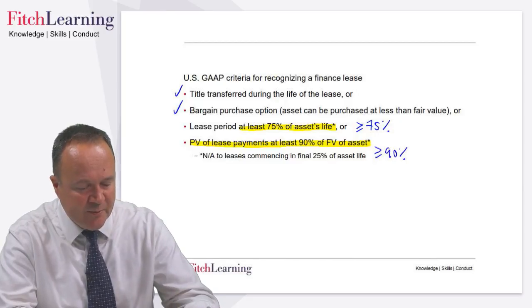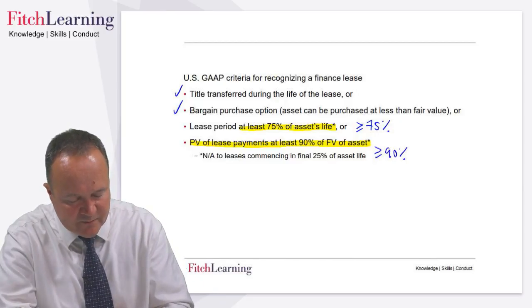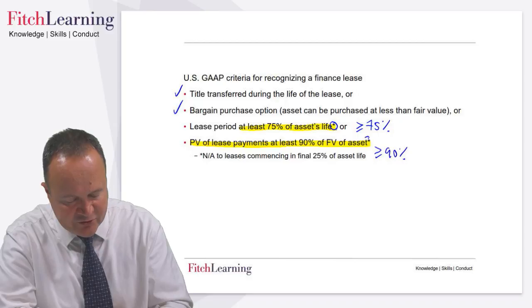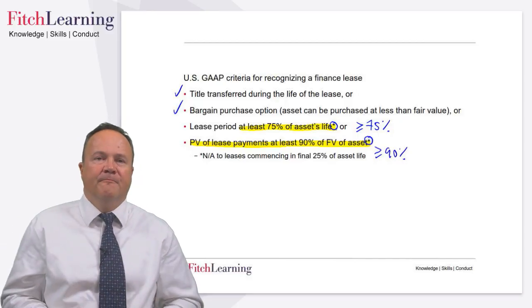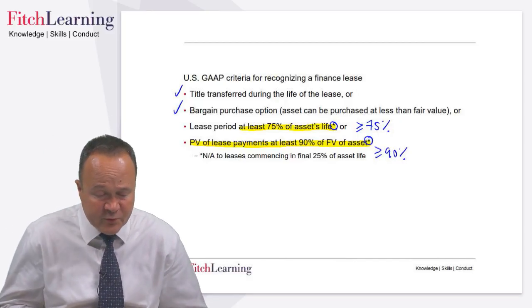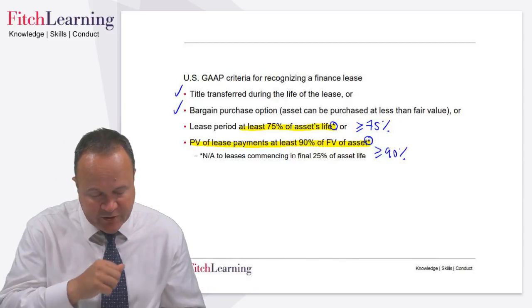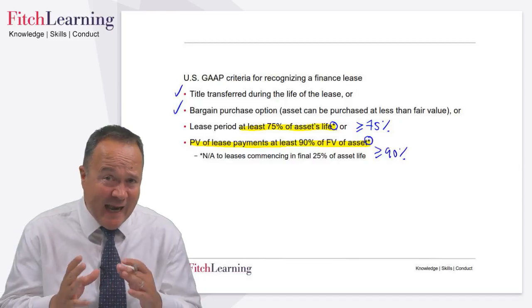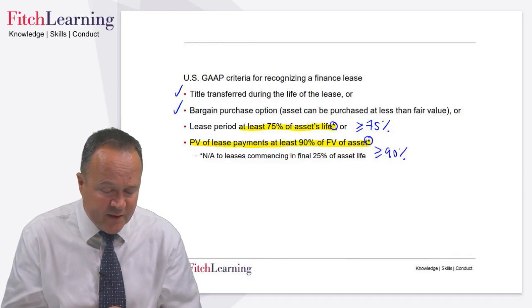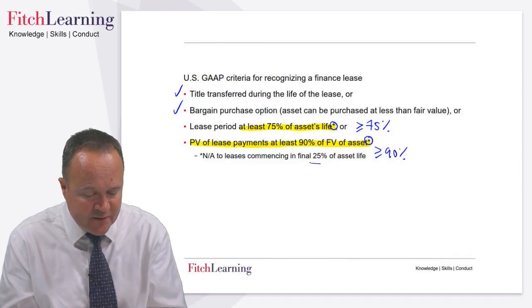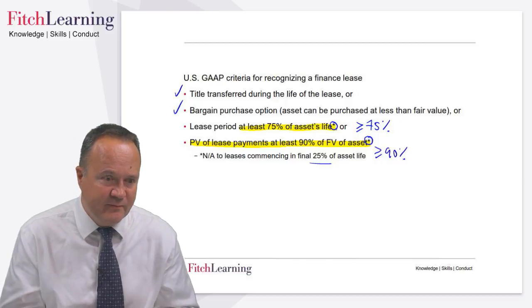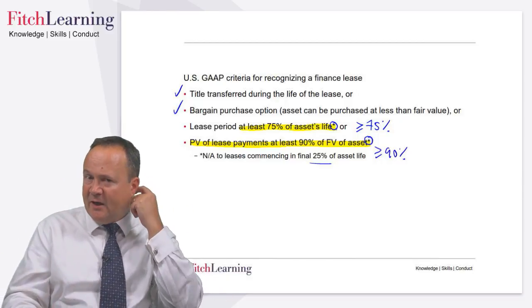Okay, and before we do an example, for those of you with good eyesight, you'll see there's a little asterisk after those two, which alludes to the last point down the bottom. Those last two criteria cannot be used in the final 25% of the asset's life. So imagine you go into a car hire shop.